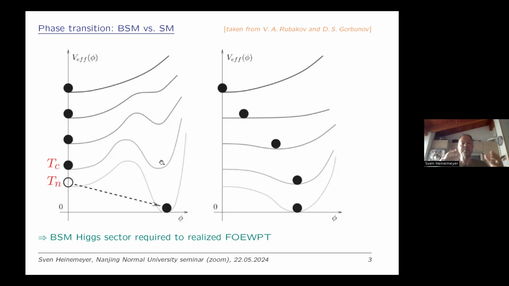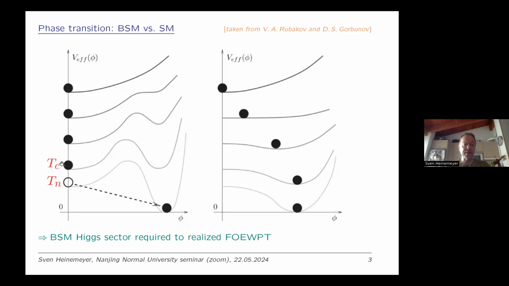So at that moment, in principle, the phase transition is possible, and shortly afterwards, at the temperature Tn, we can tunnel through, and this is where the first-order electroweak phase transition takes place. We tunnel through, we have this out-of-equilibrium condition, and then we are living in this vacuum here.